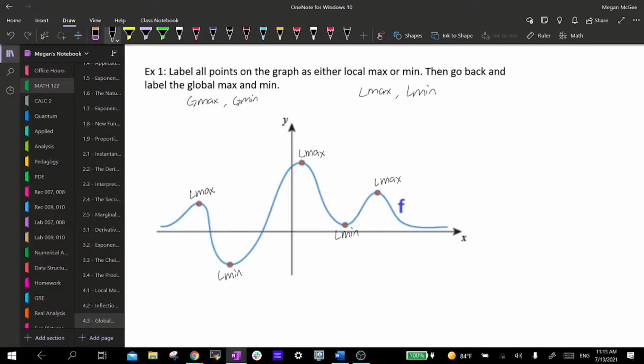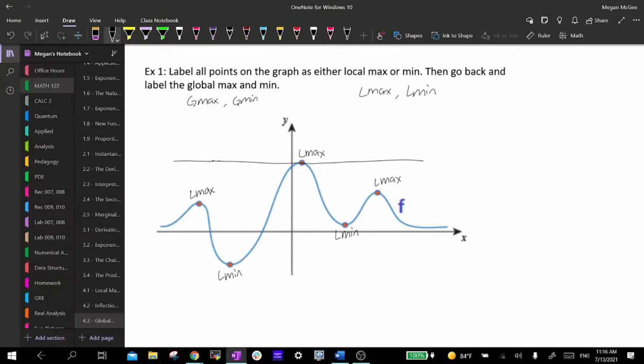So if we take a look here, our local max or our global max looks like it is this point here. If we draw a line through our point, our function doesn't ever get anywhere close to it again, does it?